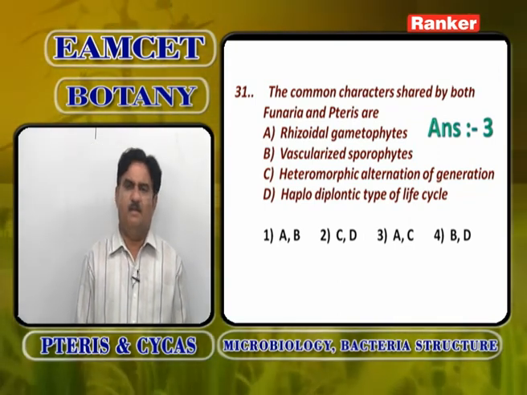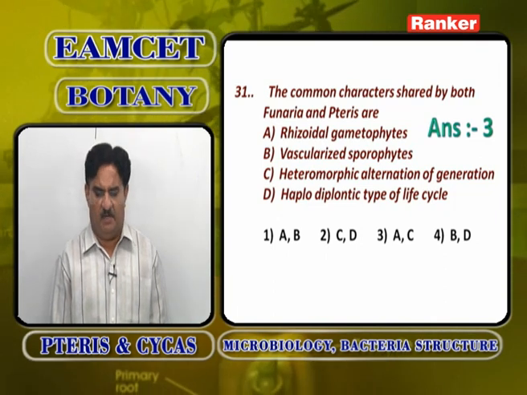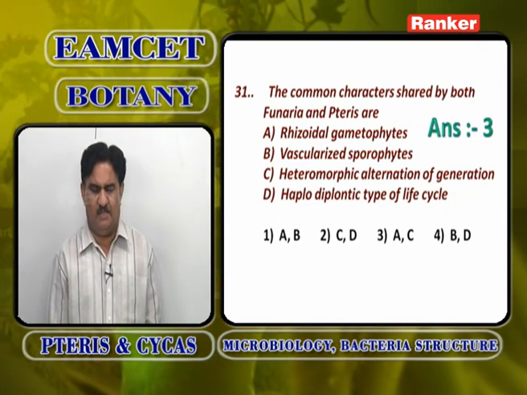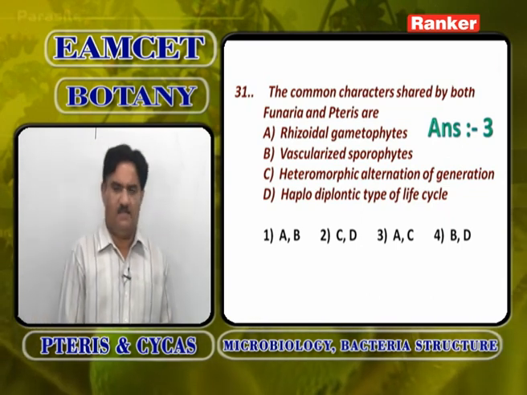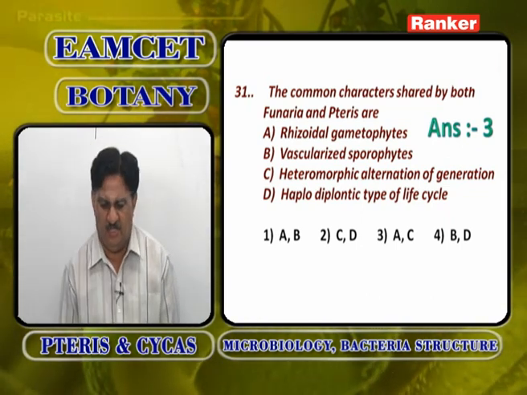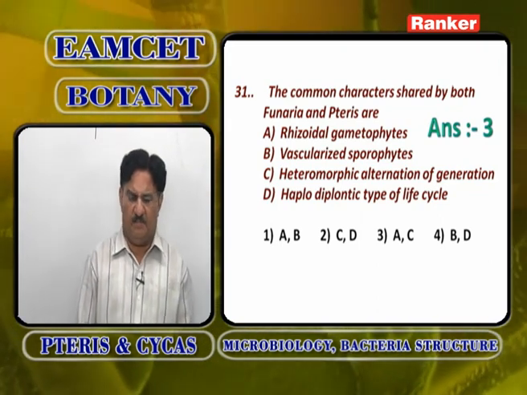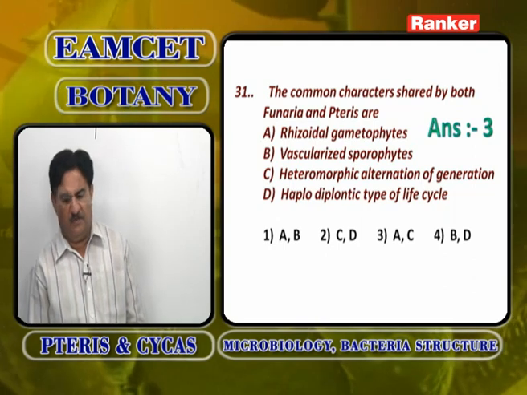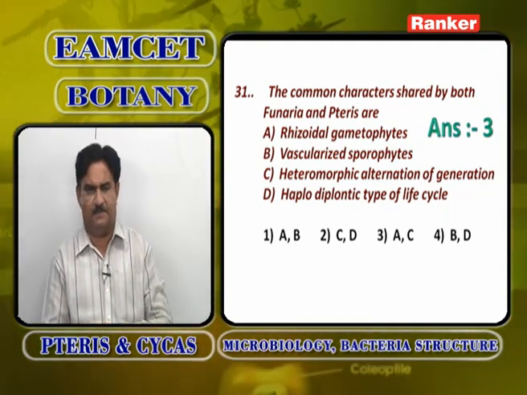Haplodiploidic life cycle: Pteris has a diplohaplontic life cycle, Funaria has a haplodiploidic life cycle. So, the common characters shared by both Funaria and Pteris are rhizoidal gametophytes and heteromorphic alternation of generations, that is A and C. Third option.